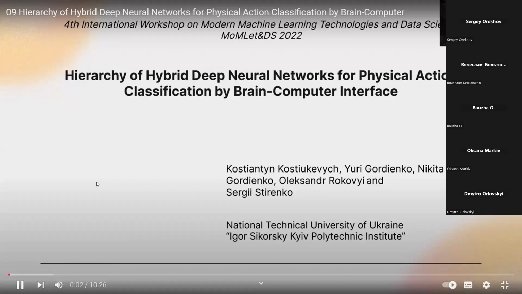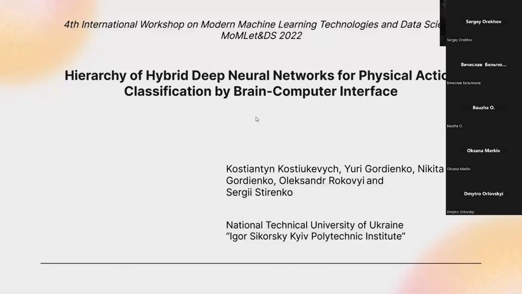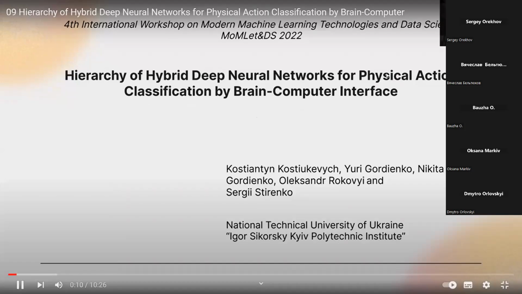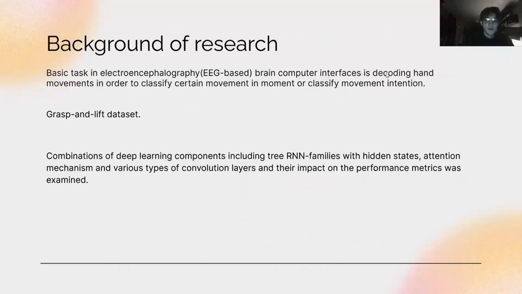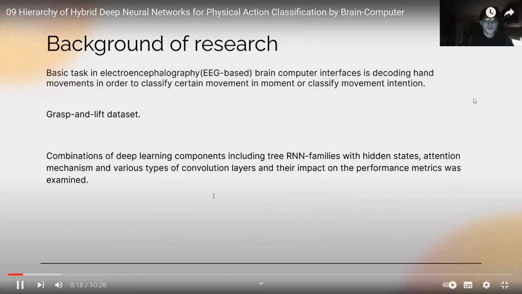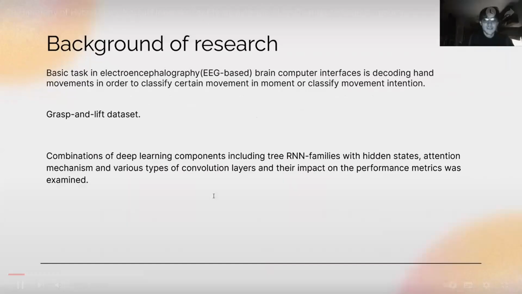Hello everyone. Look at the chat. My name is Kostiantyn Kostiukevych, and today I'm going to present our work, namely hierarchy of hybrid deep neural networks for physical action classification by brain-computer interface. Background of this research: a basic task in electroencephalography brain-computer interfaces is decoding hand movement in order to classify movement in the moment or classify its intention.